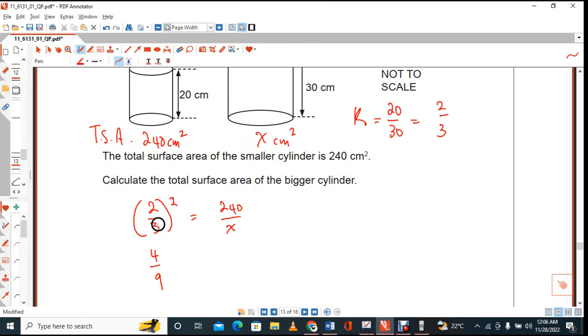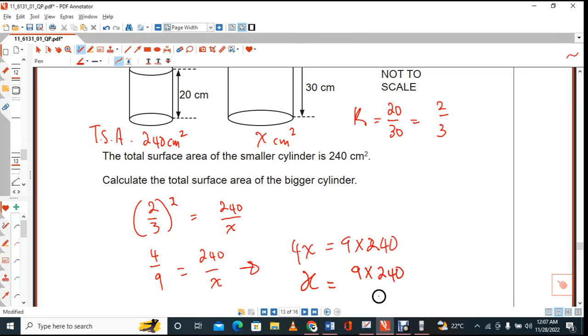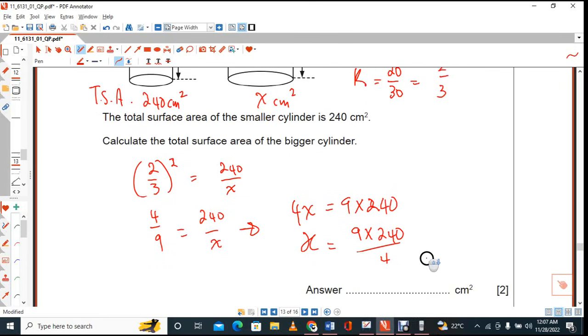Again, it doesn't matter which one you put on top. You could have put 3 over 2 and get 1.5, as long as you then put the smaller one under, following that same pattern. So that's 240 over x. From here, you can do your cross multiplication in order to find the area of the larger one.